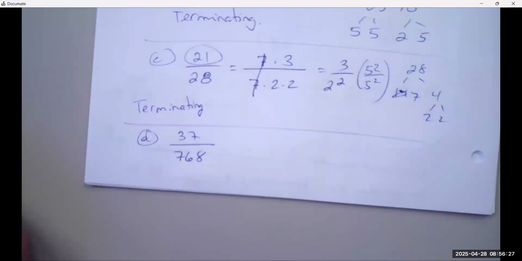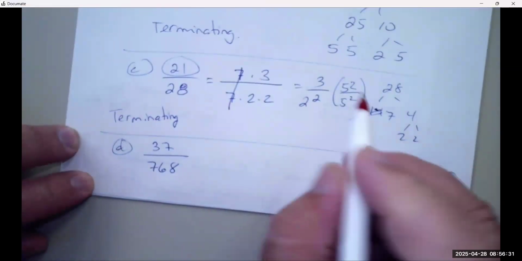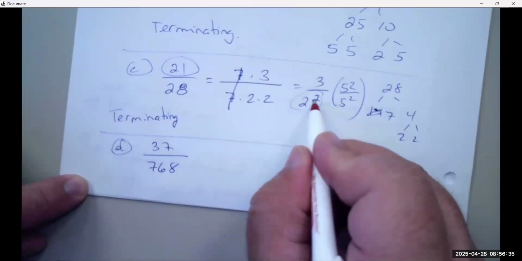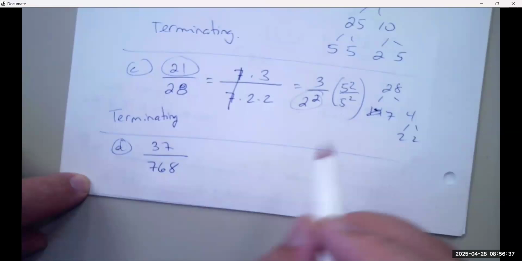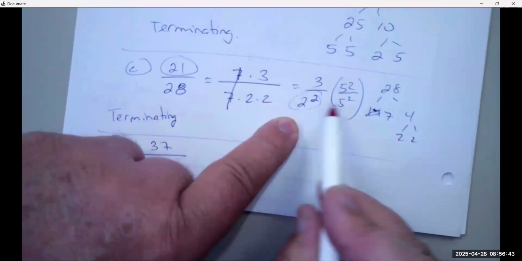How'd you get the 5 squared part? Because in order to make 10 on the bottom, this is 2. What times 2 squared gives me 10? 2 times 5 is 10. And they're both power 2.